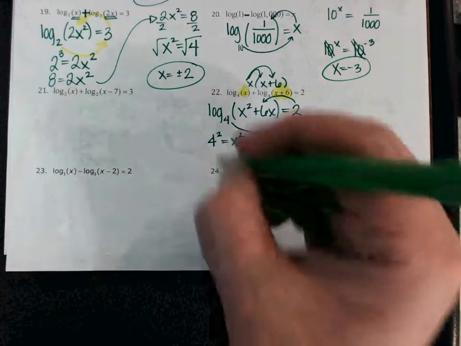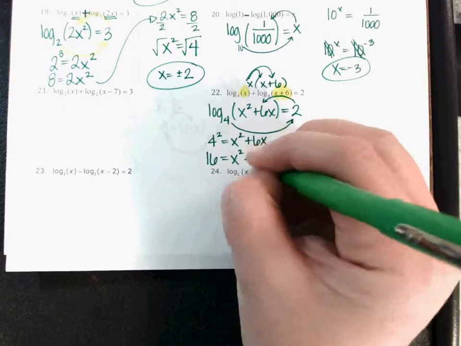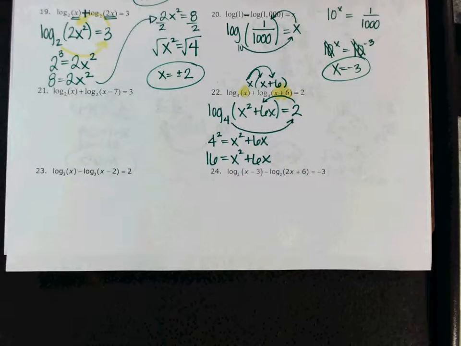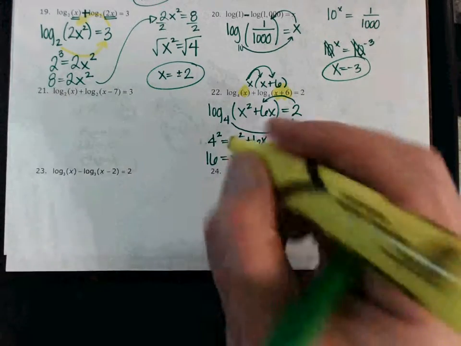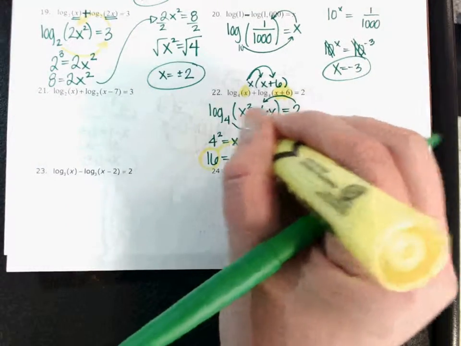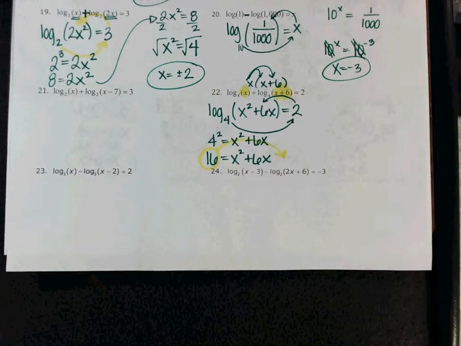Now, what is 4 squared the same as? 16. However, if I have 16 equals x squared plus 6x, how am I going to have to solve that? You have to move it to the other side so that you can t-chart. So take your 16 from right here, scooch it over to the other side. If it used to be positive, now it's negative.